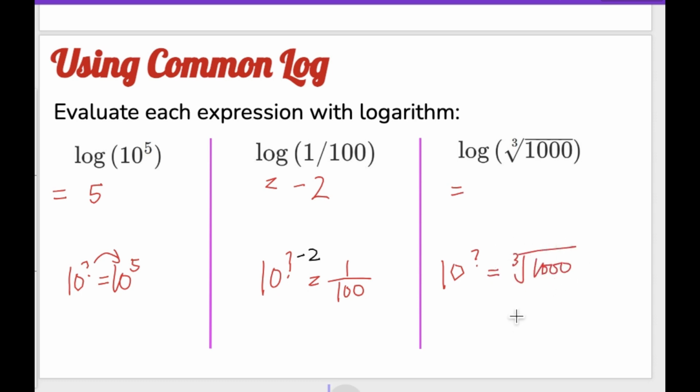But do not forget, you can either write the cubic root of 1,000 in exponential form, or you can just figure out the answer. The cubic root of 1,000 is just 10, because 10 times 10 times 10 is 1,000. So 10 to what power is 10? There is an invisible 1 here, so it's 1.